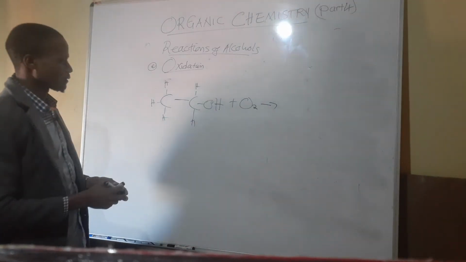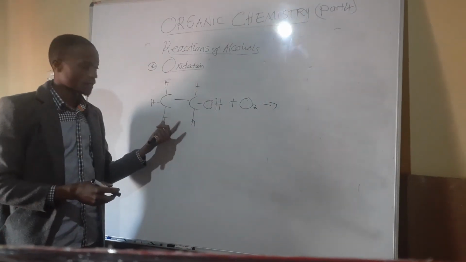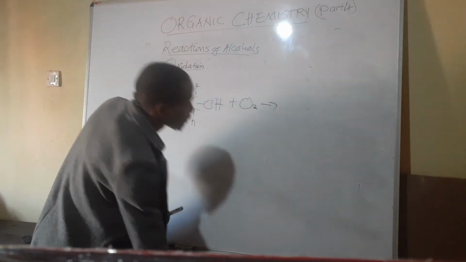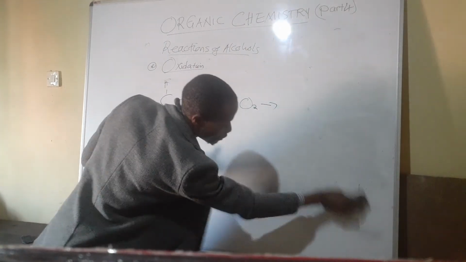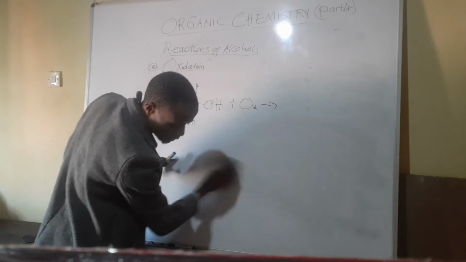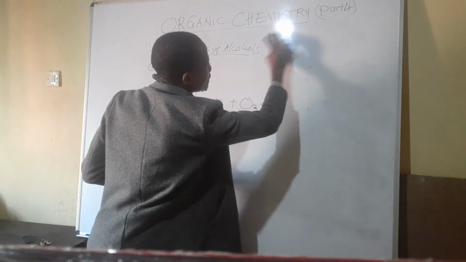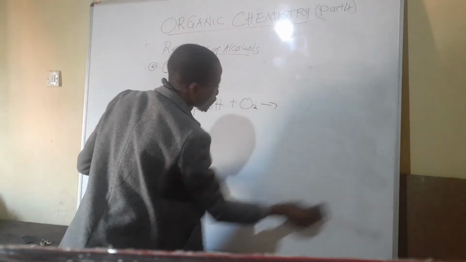Now, what are the products when an alcohol reacts with oxygen? The product will be a carboxylic acid and water.